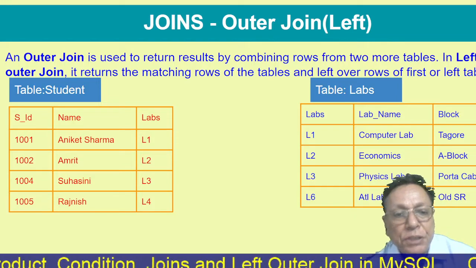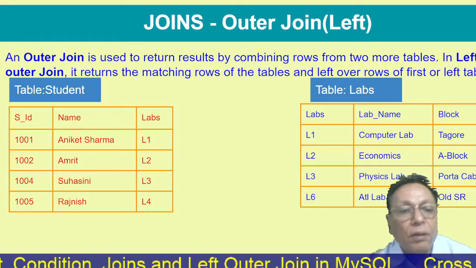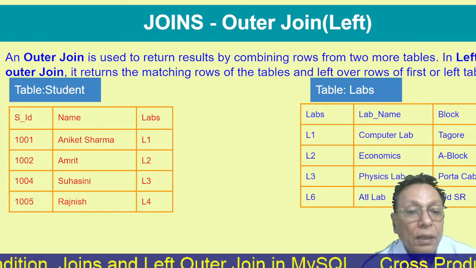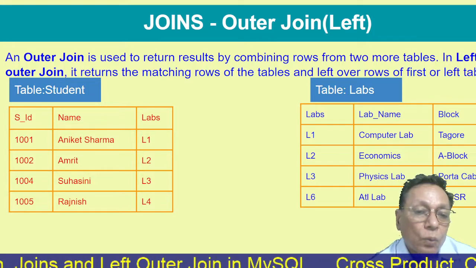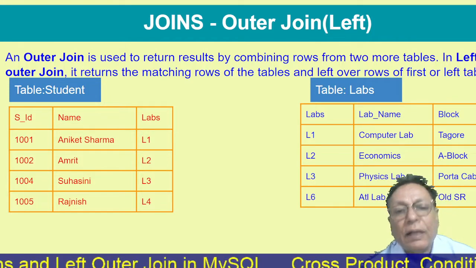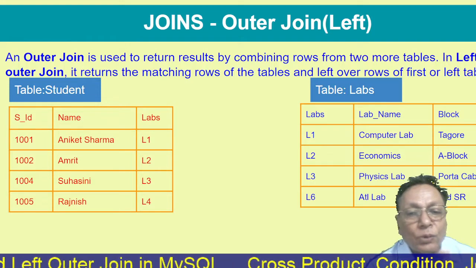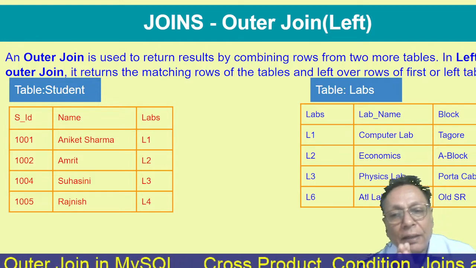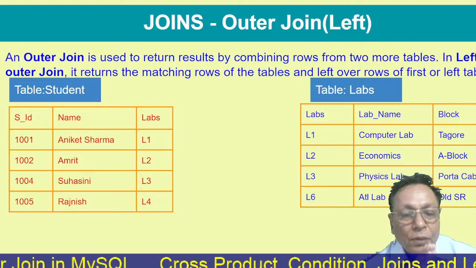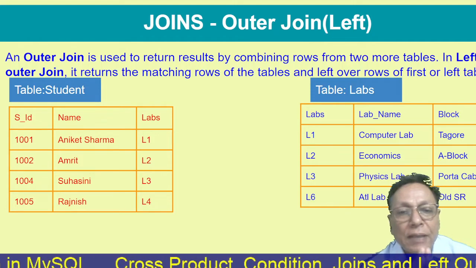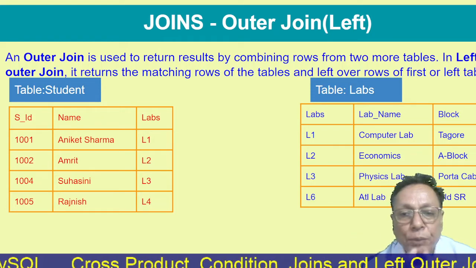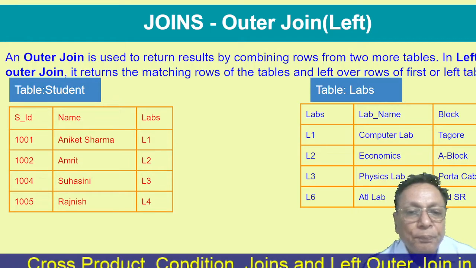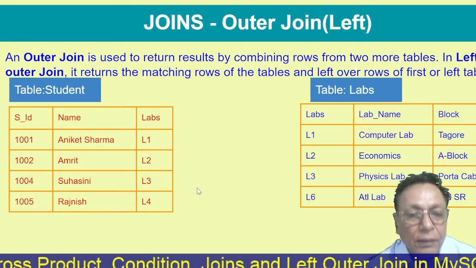And in addition, and I'm emphasizing, in addition, whichever is left in the left table will also be considered in the output. If you want to understand this concept, I'm using a Venn diagram, so you will grab the idea.